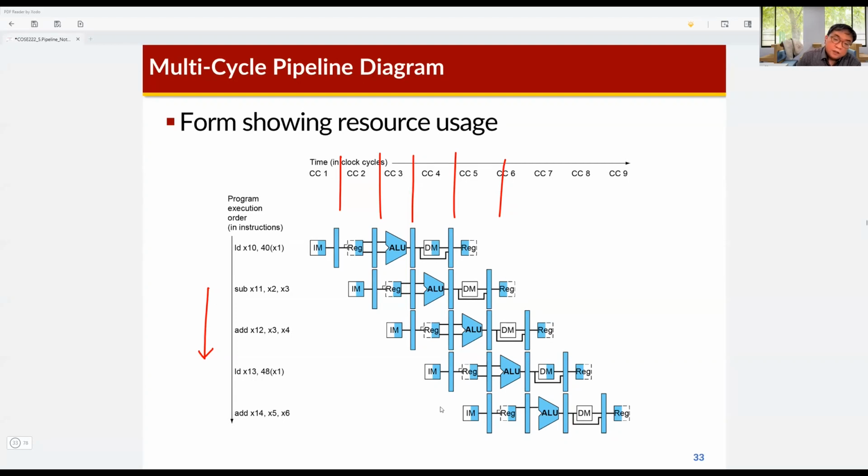In clock cycle number 1, the load instruction is in the instruction fetch stage, and in clock cycle number 2, the load instruction is in the ID stage, and the sub instruction is in the instruction fetch stage.